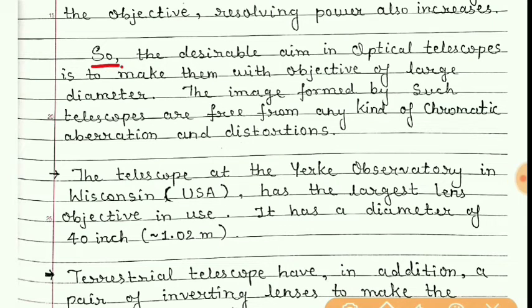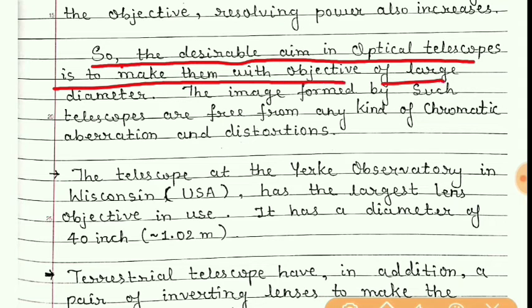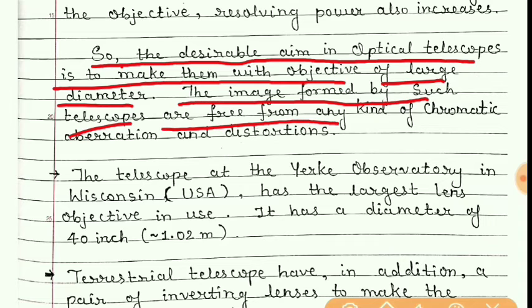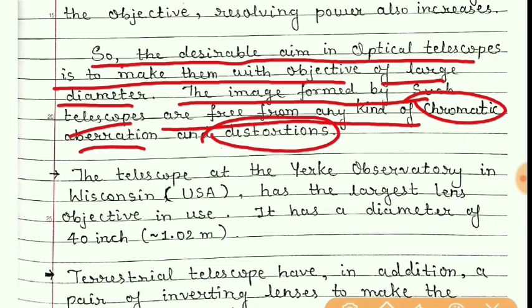And so the desirable aim in optical telescopes is to make them with an objective of large diameter. The images formed by such telescopes are free from any kind of chromatic aberration and distortions.